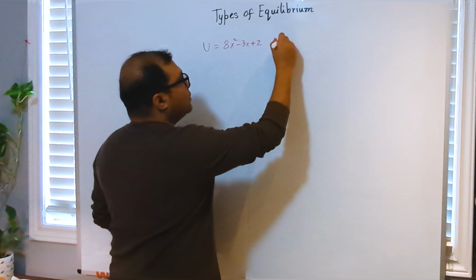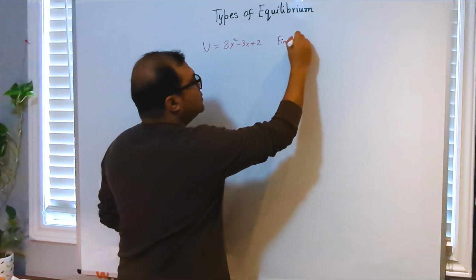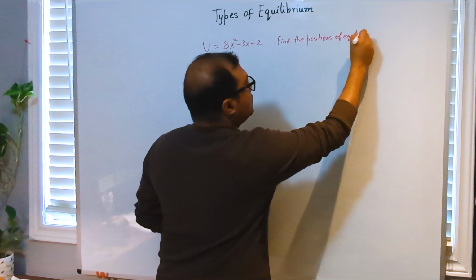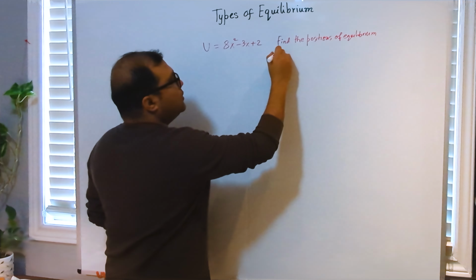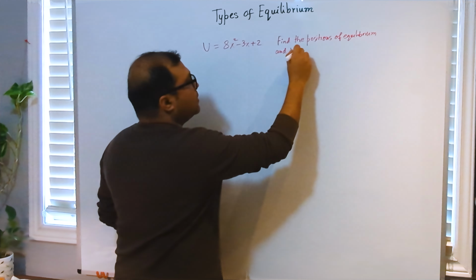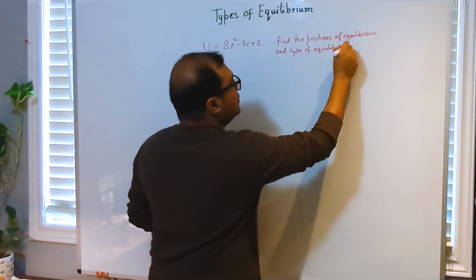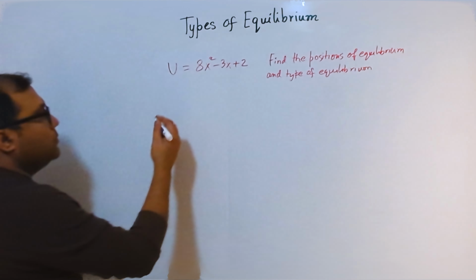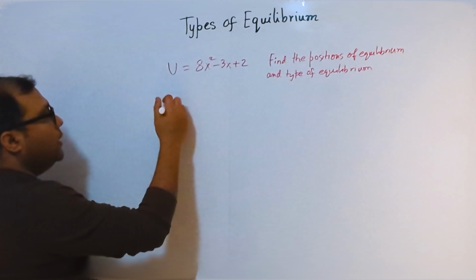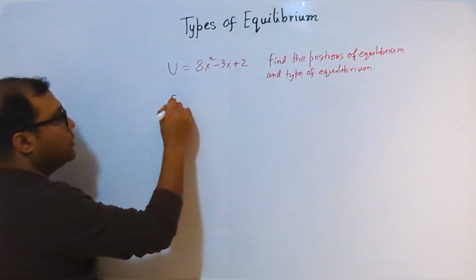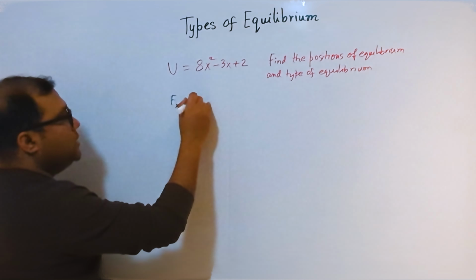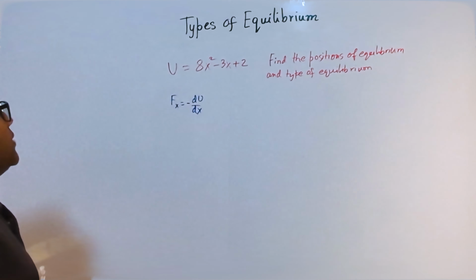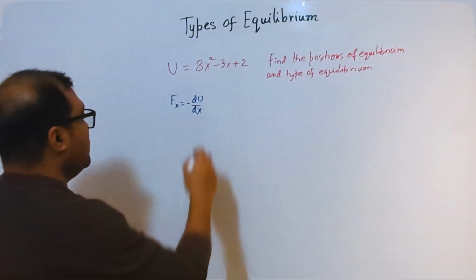Find the positions of equilibrium and type of equilibrium. Okay, so how do we approach this? Now, Fx is minus dU dx. So we can find out the force.